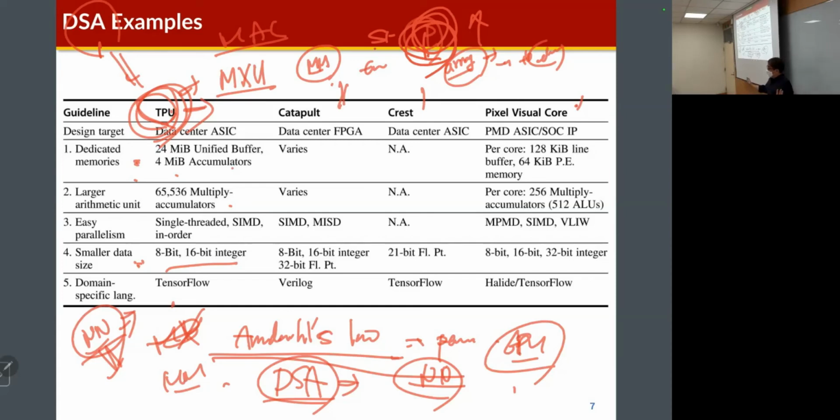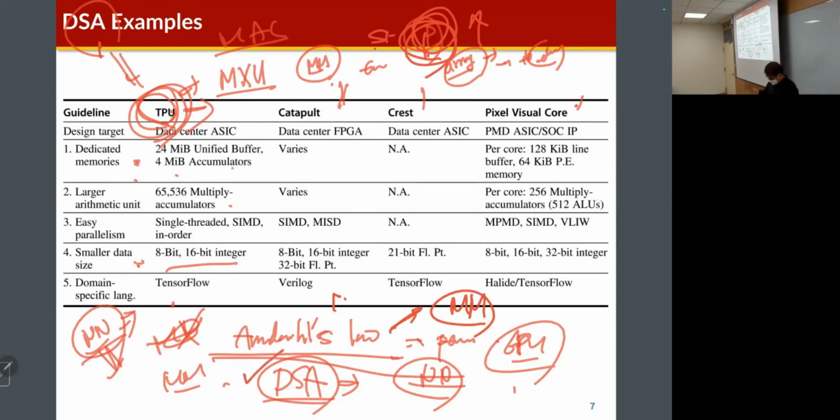Also in the domain-specific architecture, I mentioned matrix multiplication. Why matrix multiplication? Matrix multiplications are frequently used, and neural network applications require lots of matrix multiplication, which means if we can accelerate the operation inside of neural network applications, then we can improve the performance dramatically based on Amdahl's law.